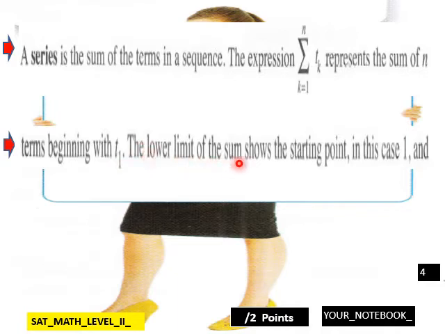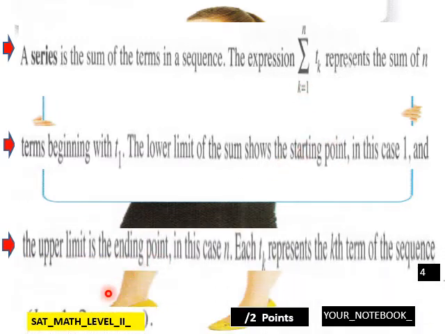The lower limit of the sum shows the starting point, in this case 1. And the upper limit is the ending point, in this case n. Each t sub k represents the kth term of the sequence, so k equals 1, 2, and so on, up to n.